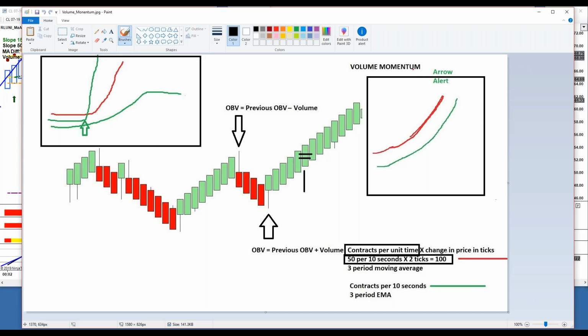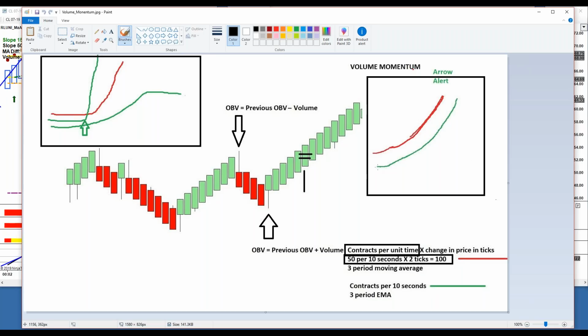Now, the smallest unit of change is 1. You can't put a 0 in here. If we put a 0 in here, this would come out to either infinity or 0, and we'd have no line. So by default, the smallest change in price can be 1.